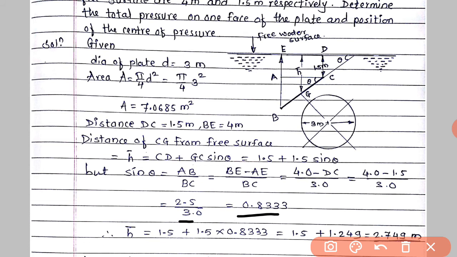So put the value of sin theta in h bar. H bar will be CD plus GC sin theta. So CD 1.5, GC 1.5, and sin theta from geometry 0.8333. So final value comes as 2.749 meter.